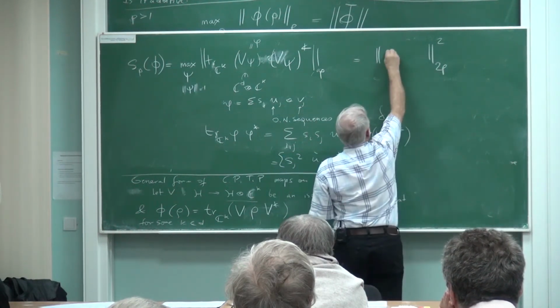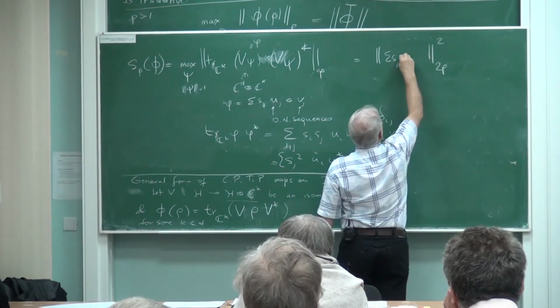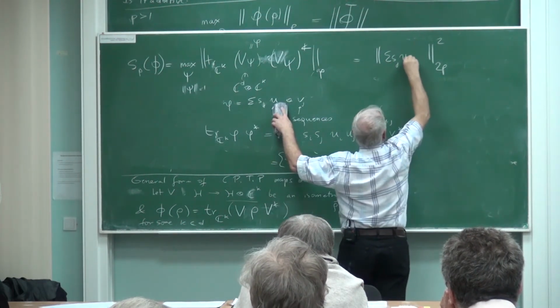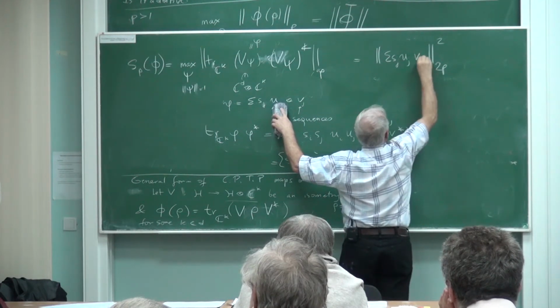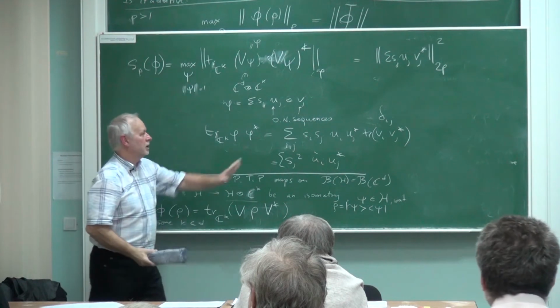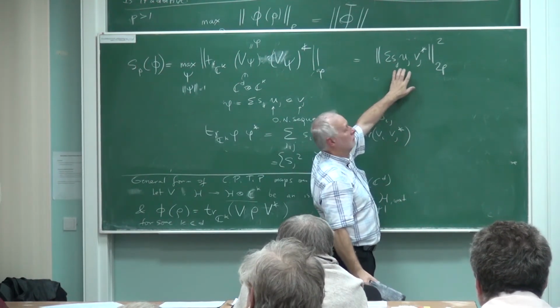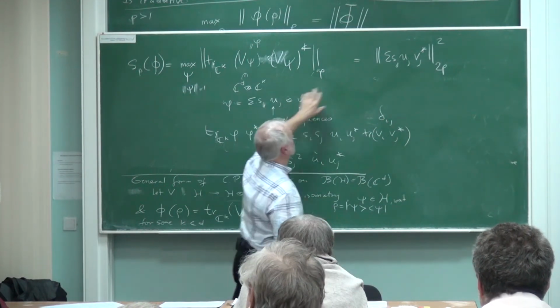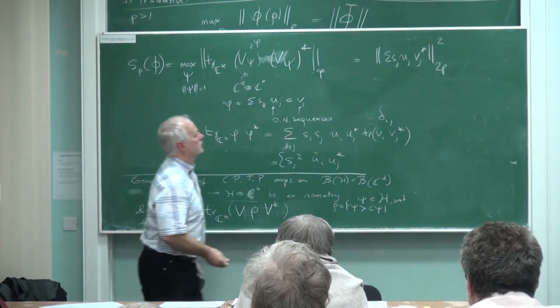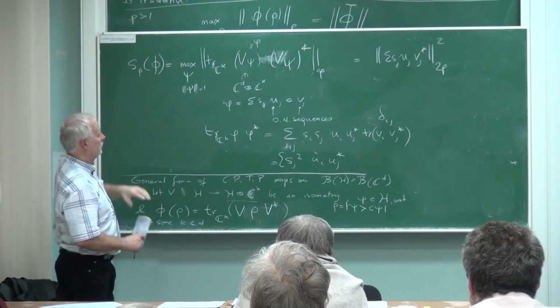Of the matrix, which is the sum of s_j u_j v_j star. So here I have a true singular value decomposition. I sort of flipped it to the singular value decomposition. Now it's going to be, yes, I think squared, right.